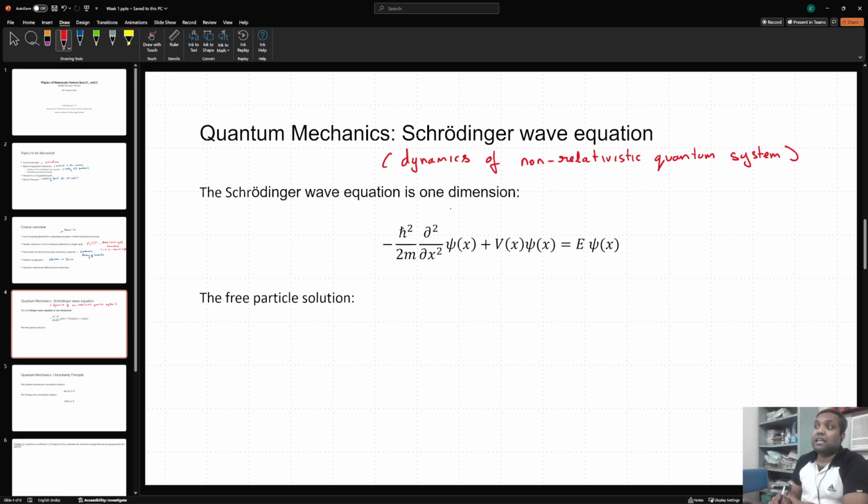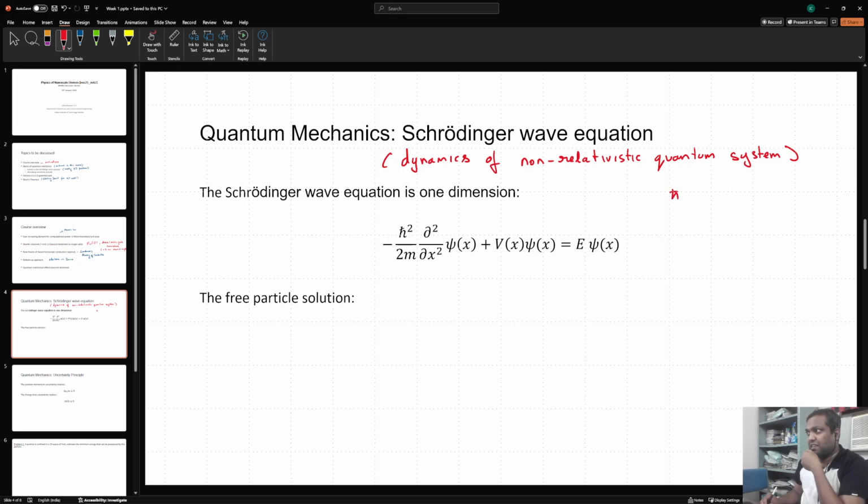For the 1D Schrödinger equation, essentially we are restricting to systems that are defined only in one dimension. The one-dimensional Schrödinger wave equation is given as follows. We have minus h bar squared by 2m, where h bar is the reduced Planck constant.